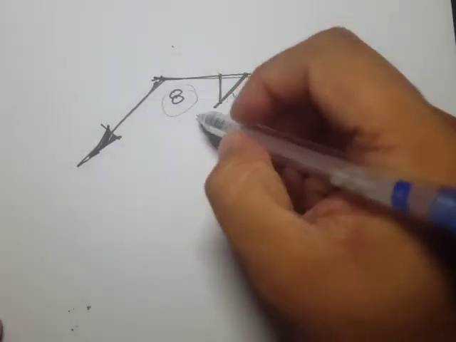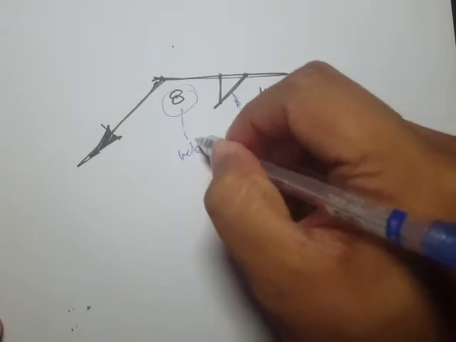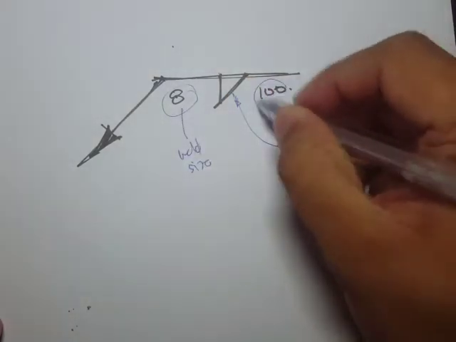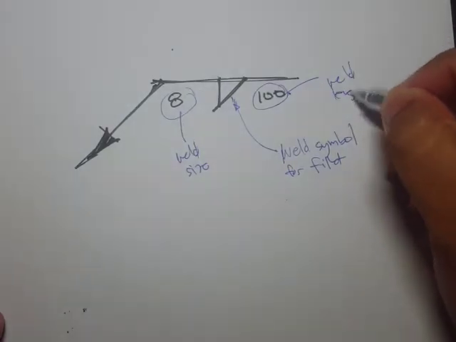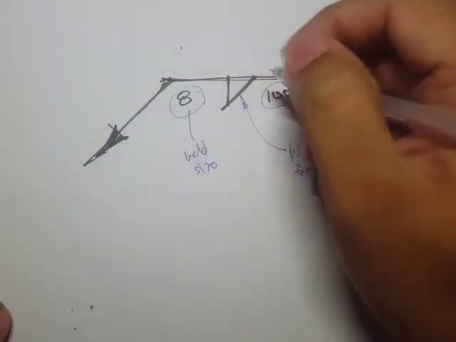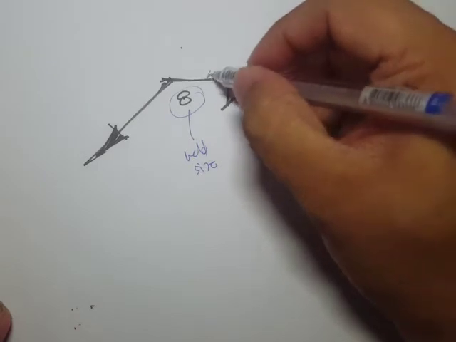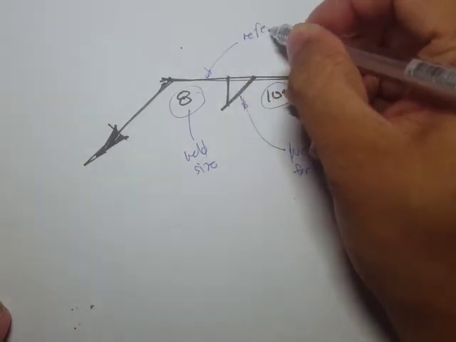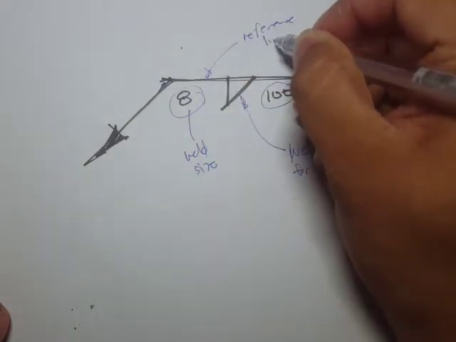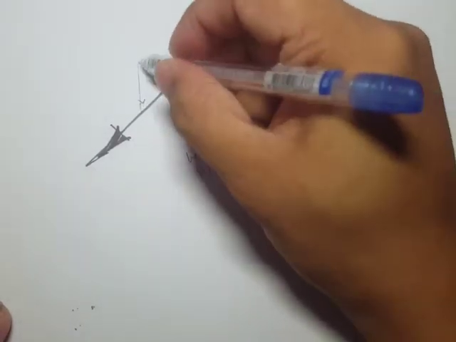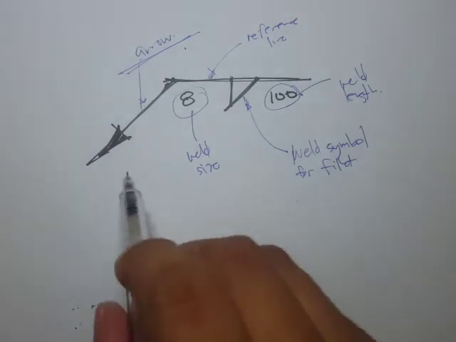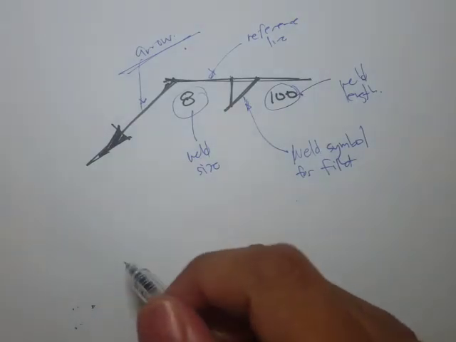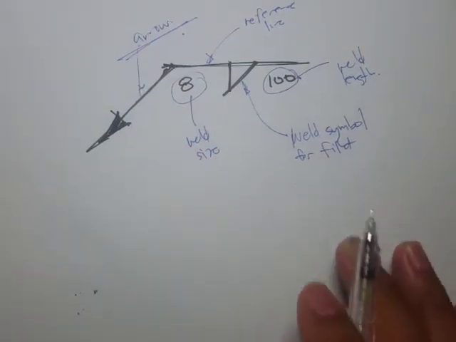And this one refers to the weld size, and this one refers to the weld length. Okay, and this is our reference line, and this one is the arrow. So the arrow points to a location that should be welded.